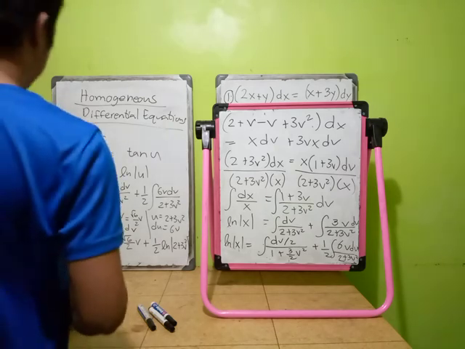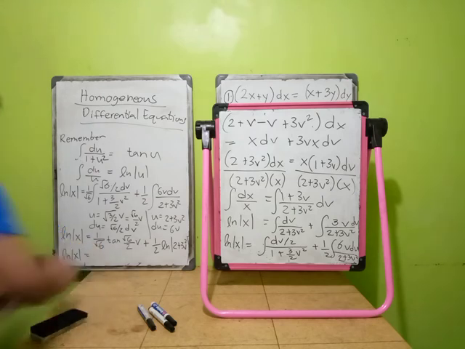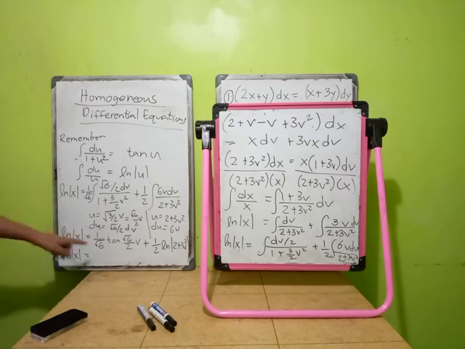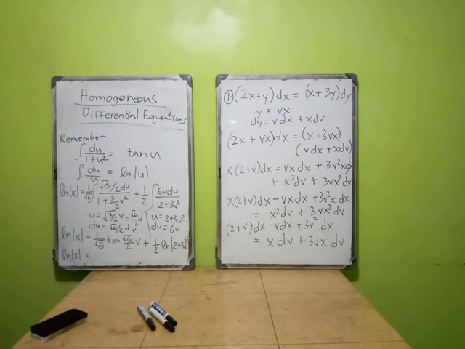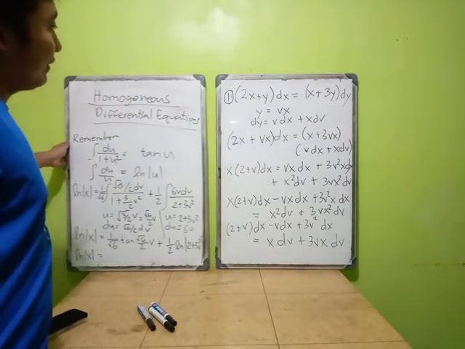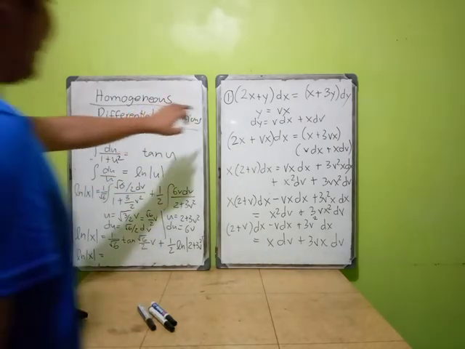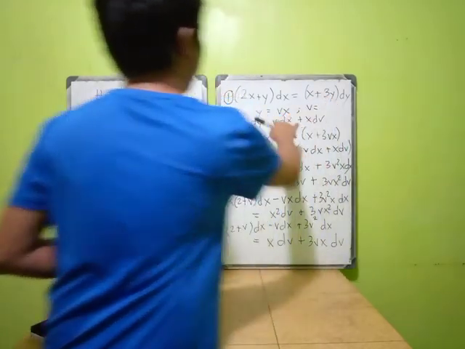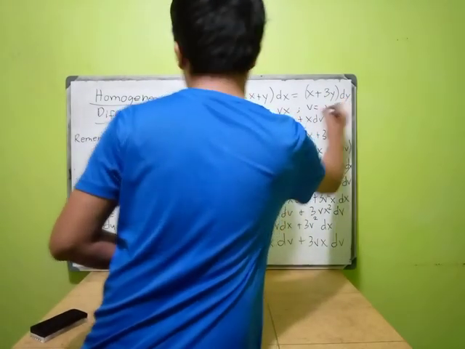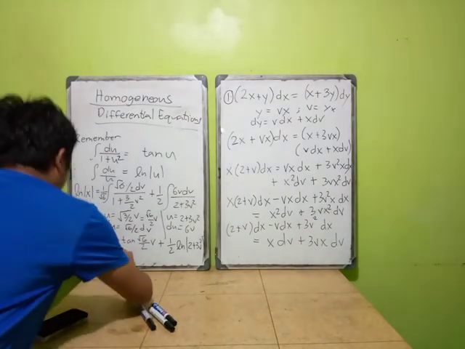So, ln of x is equivalent to, okay? Remember, mula dito, ito yung problem natin, yung una nating sinolve. Okay? So, from that, alam naman natin, we can resubstitute in which your v is equivalent to y over x. So, instead of using v, you can substitute y over x.